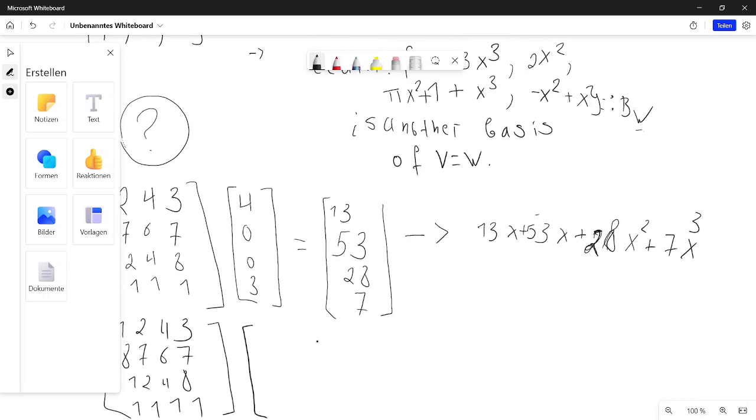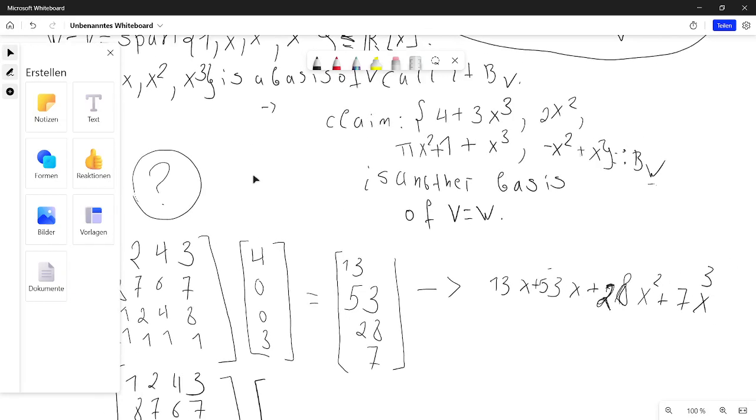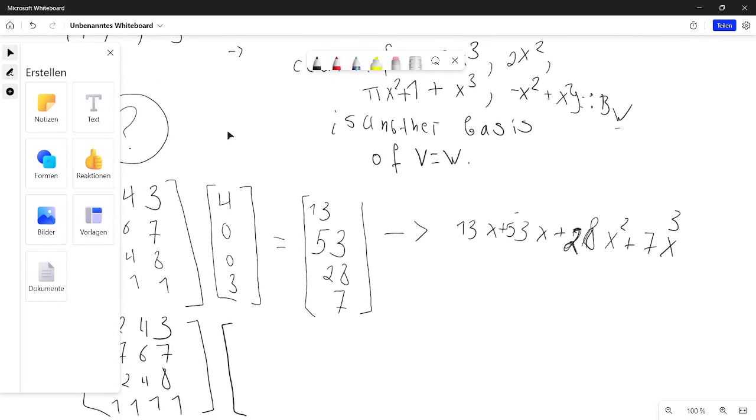Here we had 1, 3, so 2x squared would be 0, 0, 2, 0.